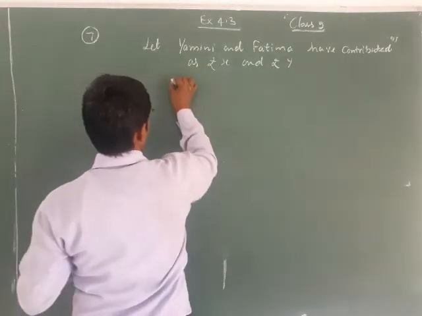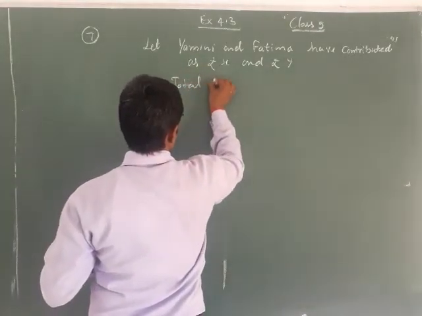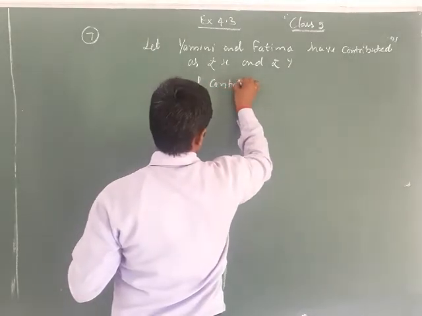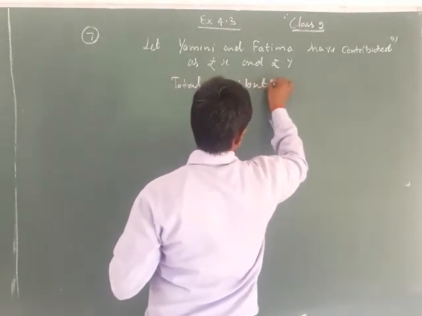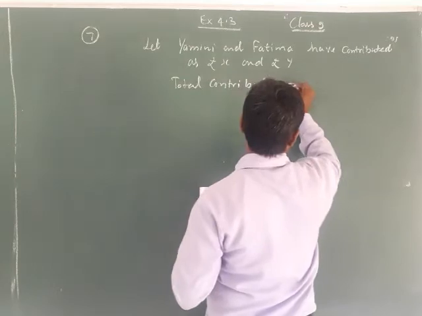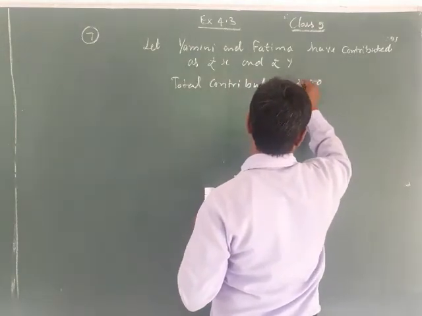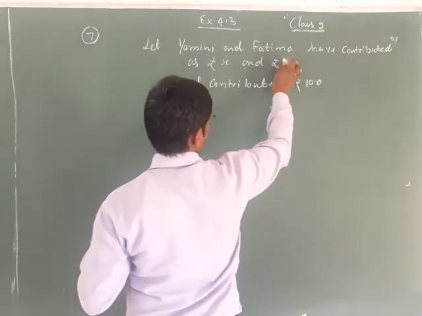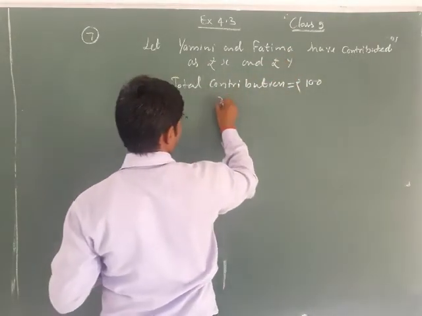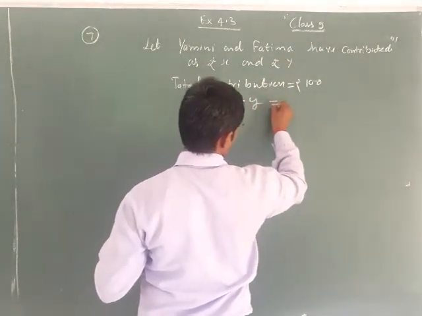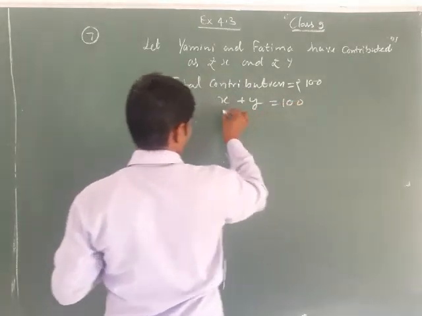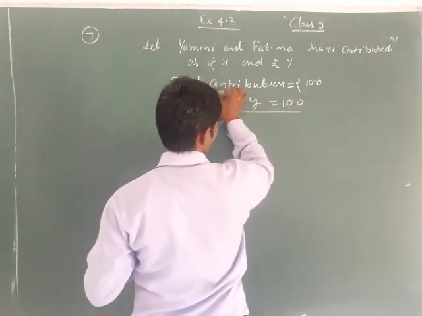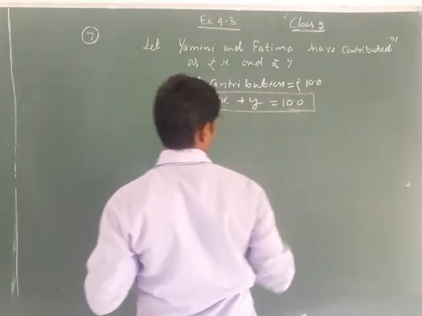So the total contribution is equal to 100 rupees. So Yamini X and Fatima Y rupees, total X plus Y is equal to 100. This is a linear equation in two variables.